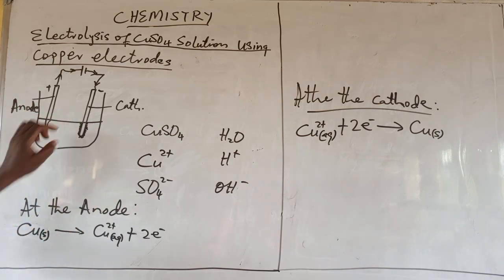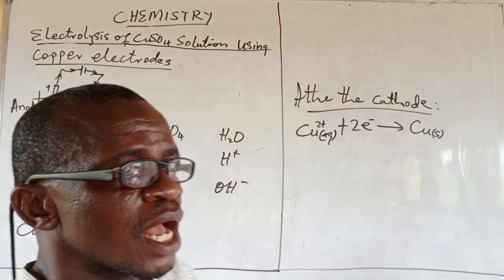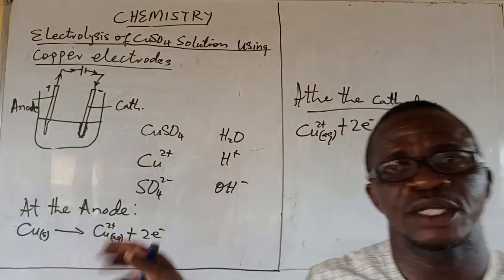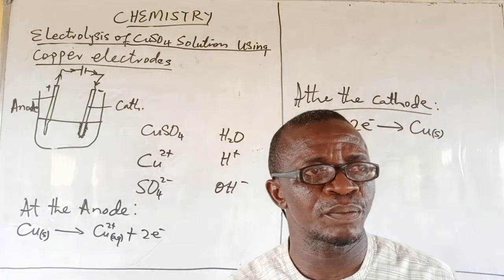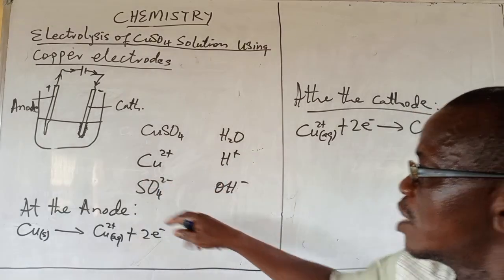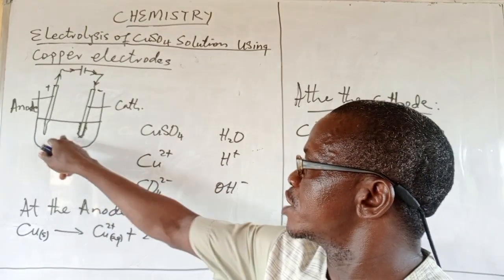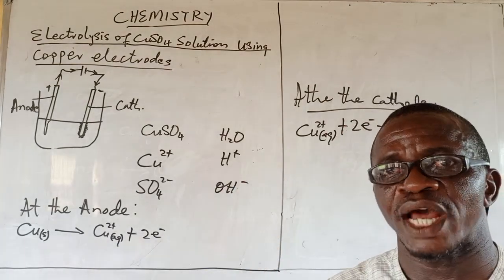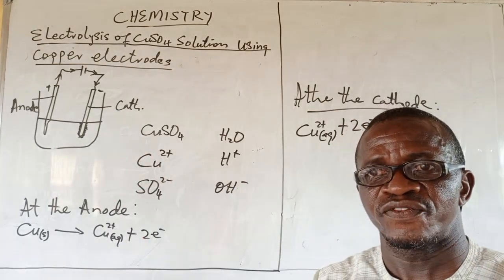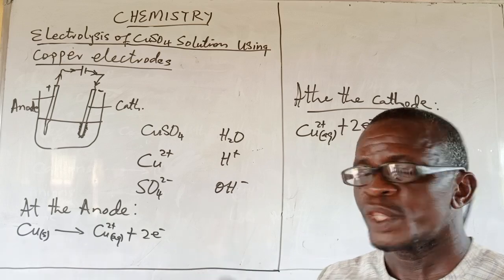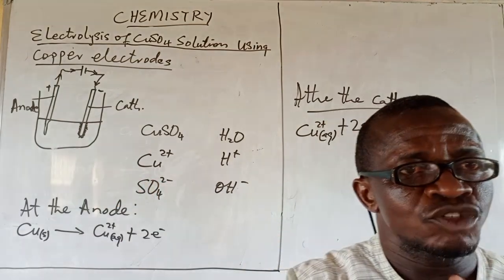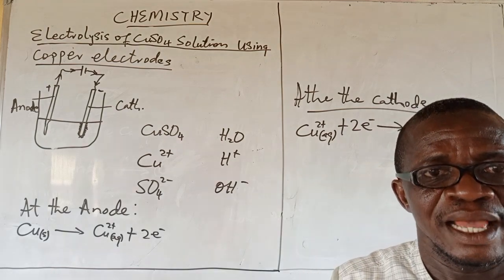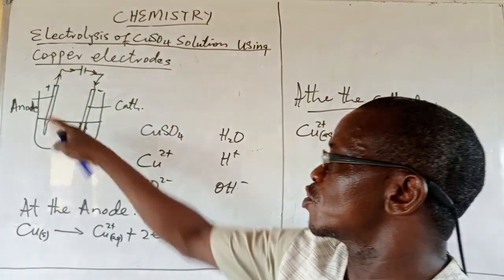So the solution, remember I told you in the previous electrolysis of copper(II) tetraoxosulphate(VI) using platinum electrode, I told you that copper(II) ion is blue in color. So this solution is blue. And in that one, I told you that the color gradually fades away. But because the electrode did not dissolve, nothing happens. They were inert electrodes. But in this one, the electrode is part of this business.